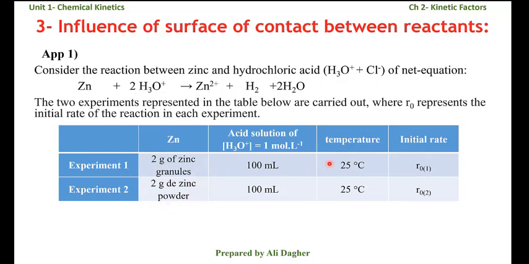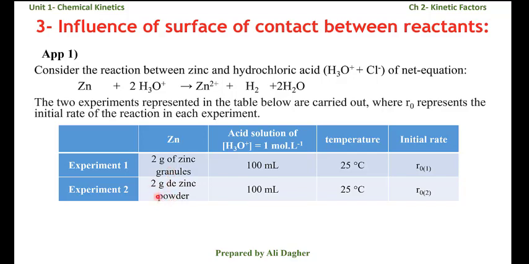We have two experiments, 1 and 2. In the two experiments, we have the same volume of hydrochloric acid of the same initial concentration, 1 mole per liter, temperature 25 degrees, same mass of Zn, but in experiment 1 granules of zinc, while in experiment 2 powdered zinc.